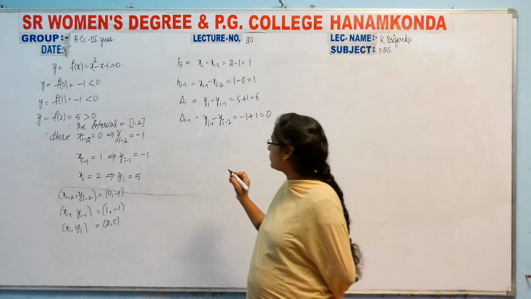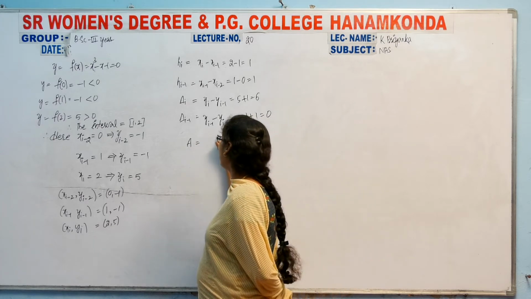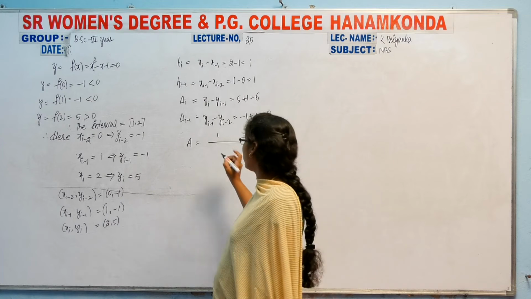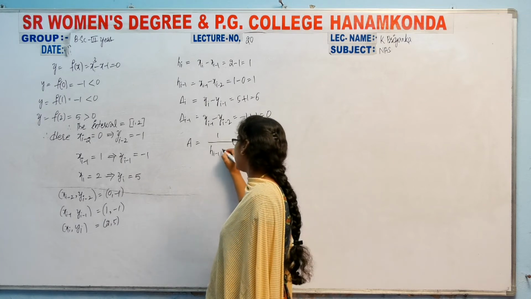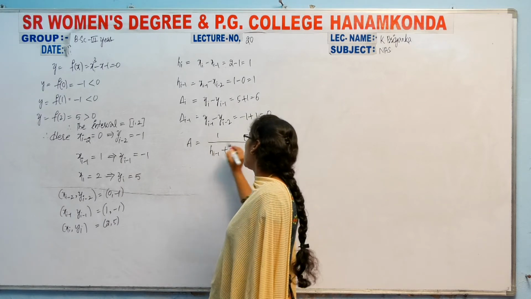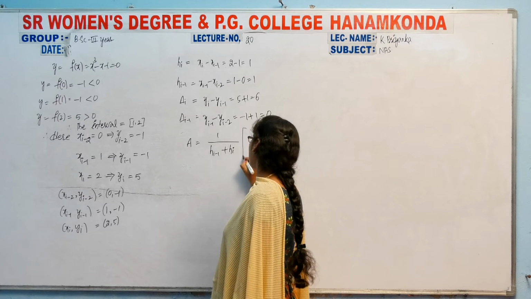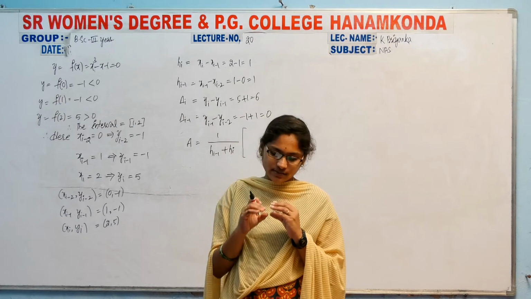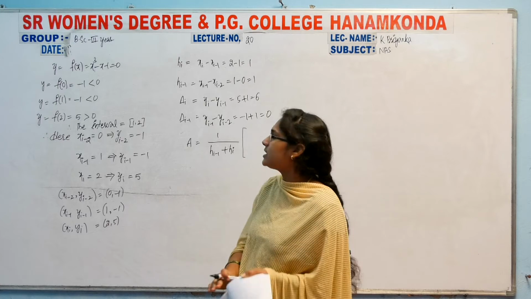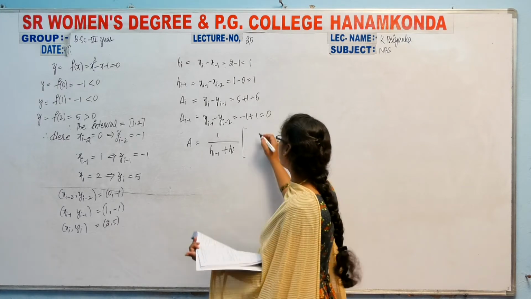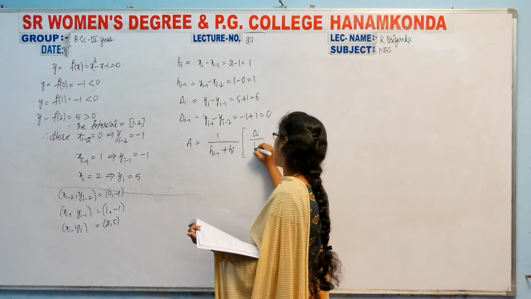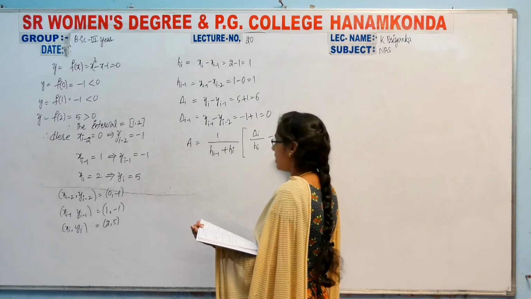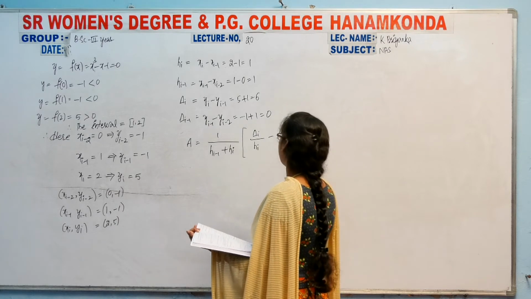Capital A. What is the formula of the capital A? It is 1 by hi minus 1 plus hi, and here open bracket. So clearly please listen to that one: hi minus 1 term, then plus hi, and next the formula delta I by hi minus delta I minus 1 by hi minus 1.